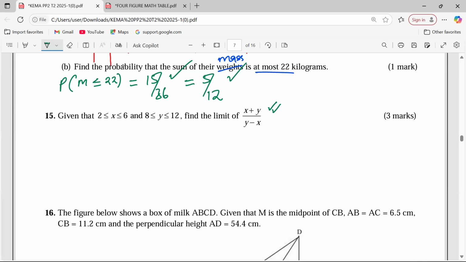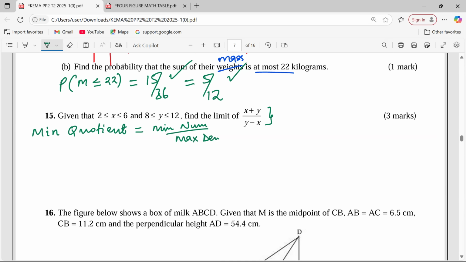So let's start with the minimum value of this. For me to get the minimum quotient, since we are dividing, it requires a minimum numerator over the upper limit of the denominator.